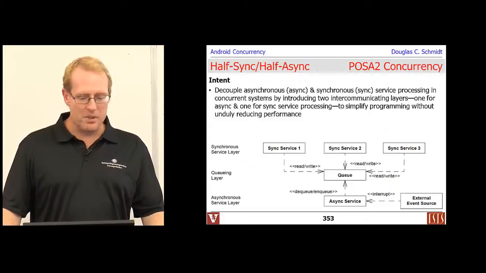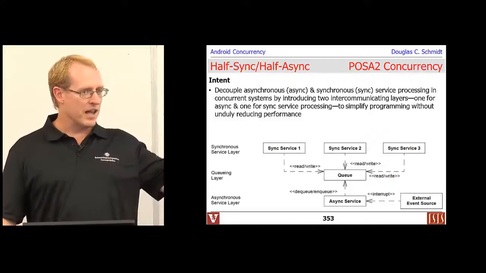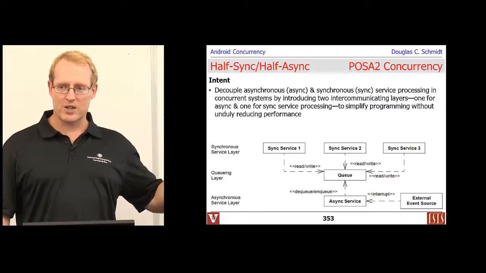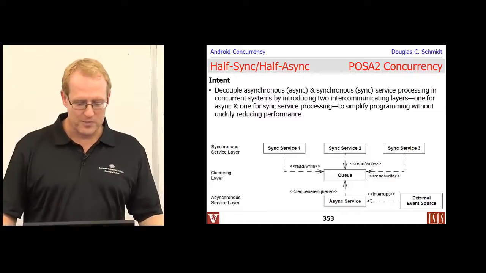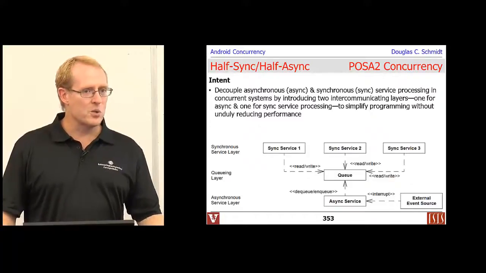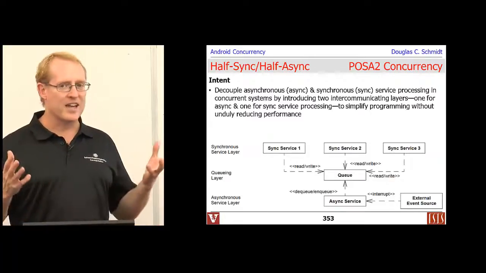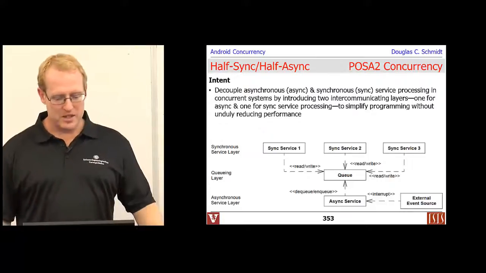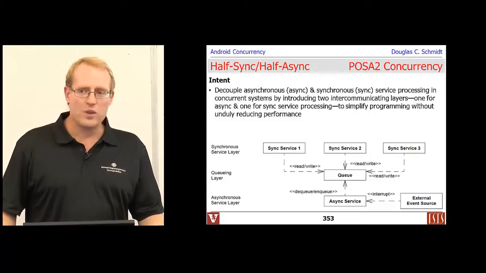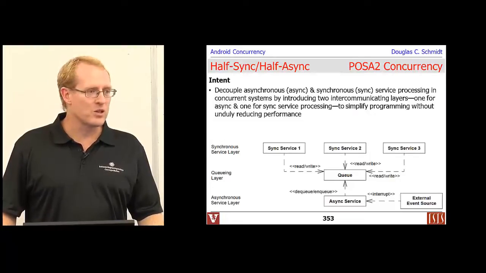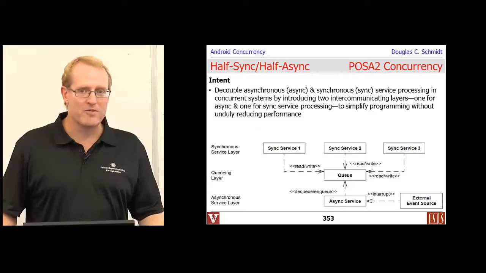The intent of this pattern is to decouple the asynchronous or async portions of the software from the synchronous or sync portions of the software by introducing two intercommunicating layers, the async part and the sync part. That is going to allow us to simplify the programming without throwing performance out the window, because we're not going to end up trying to spawn a thread for every piece of work.